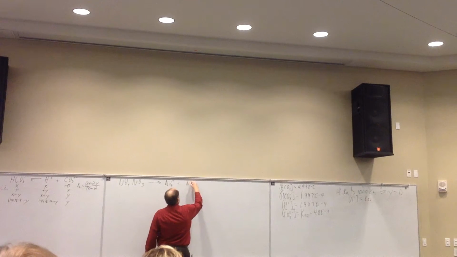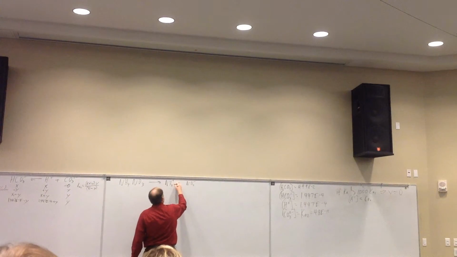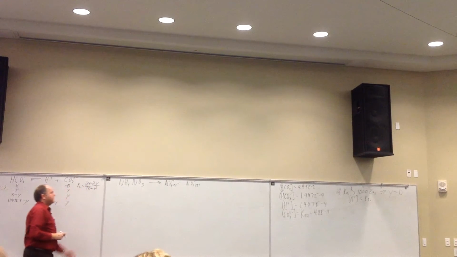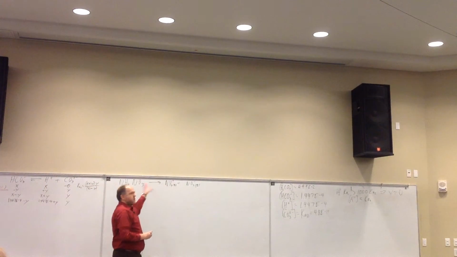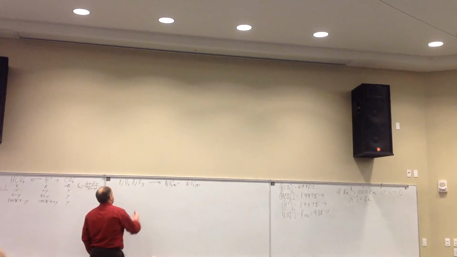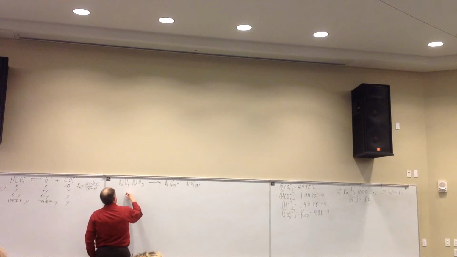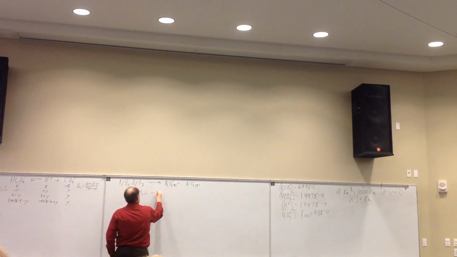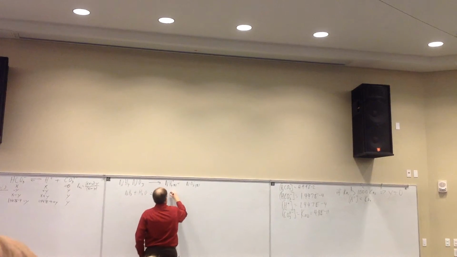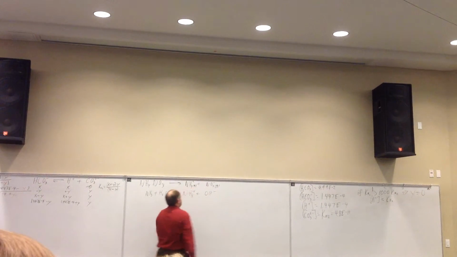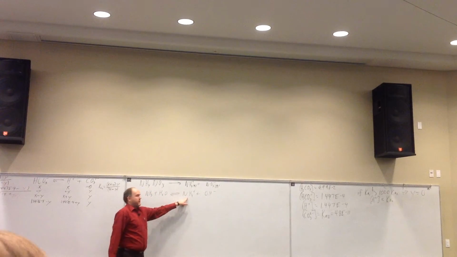So I guarantee you those two species are soluble in pretty much any concentration. All right. Ammonium is the conjugate acid of ammonia. That's where ammonium comes from.